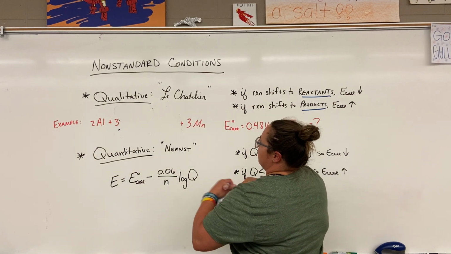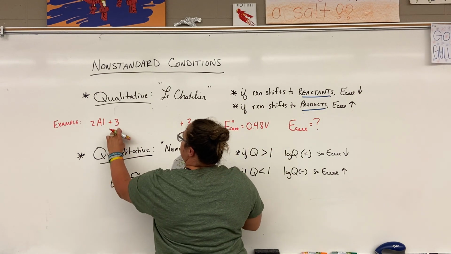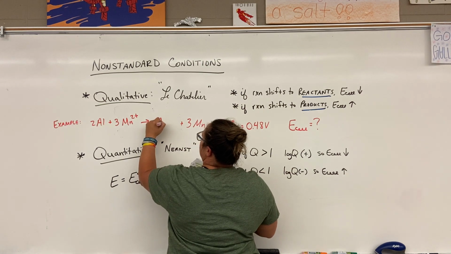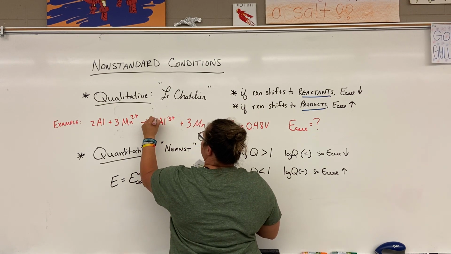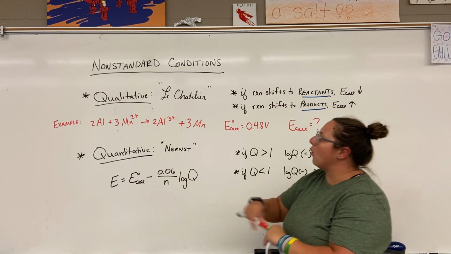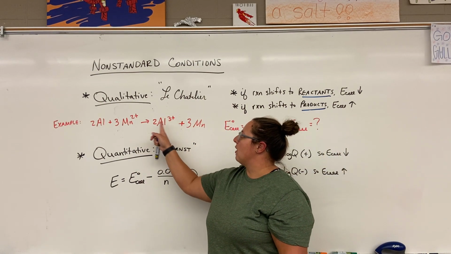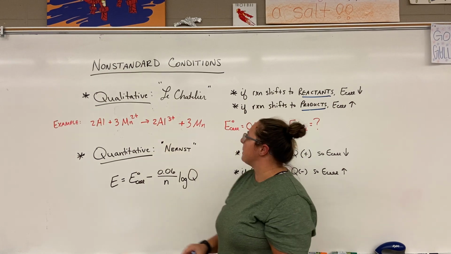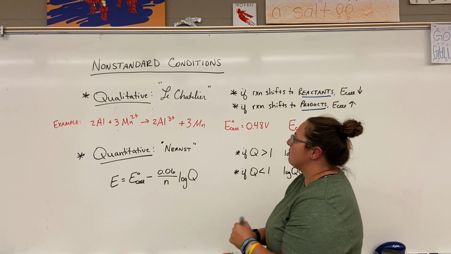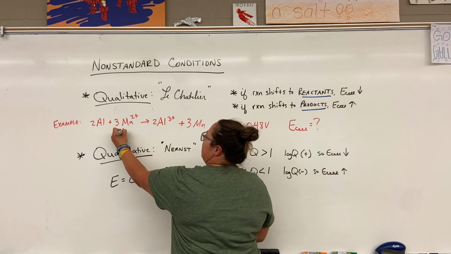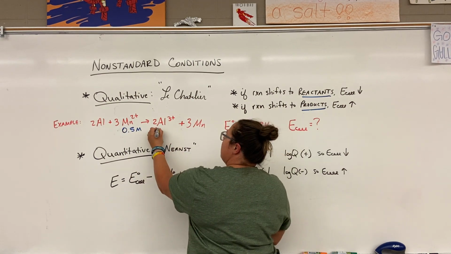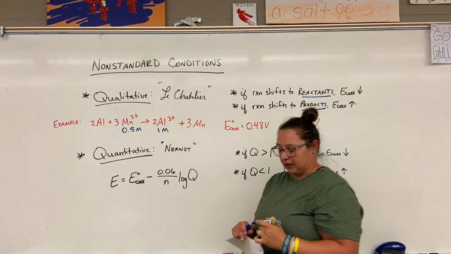So we had 3 Mn2+, and that left us with Al3+ with a 2 in front of it. Okay, so remember, we can only apply a stress to our aqueous things. Let's say in this case that I want to change my concentration of Mn to 0.5 molar and leave my aluminum at 1 molar.